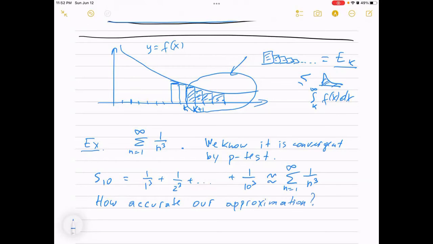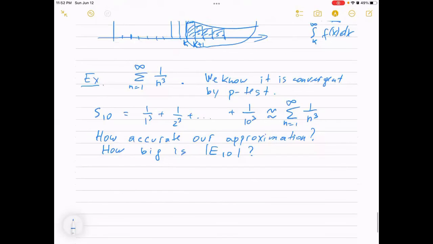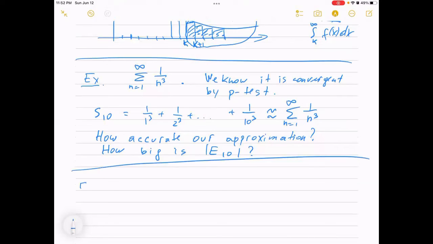In other words, what is our upper bound, how big is E10. Actually, absolute value of it, well, in our case, it's not important. So let's try to do the calculations. We're going to apply the integral test error estimate.